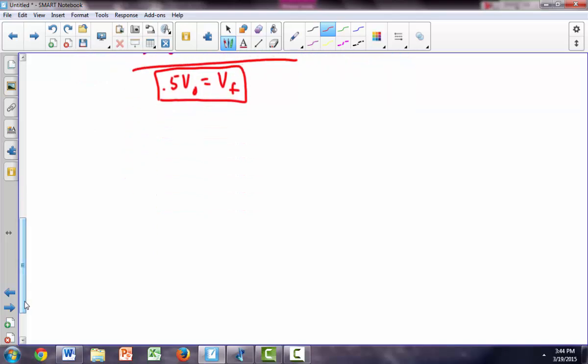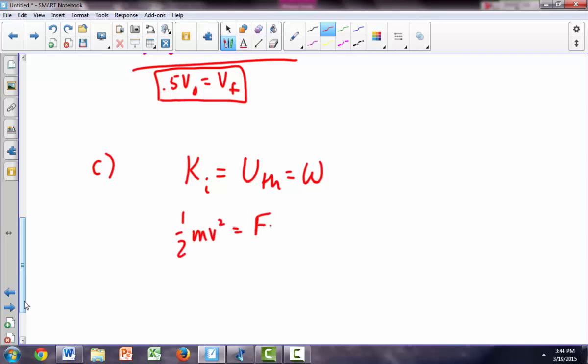And we can say, for part C, all that kinetic energy initially went into work done by friction. Well, how about if I write it this way? Into U thermal, which is the work done by friction. So that 1/2 mv squared is going to be the friction force times d. And I'll write my friction force like that. Okay? And remember what friction is.